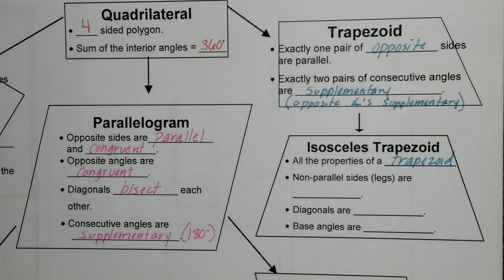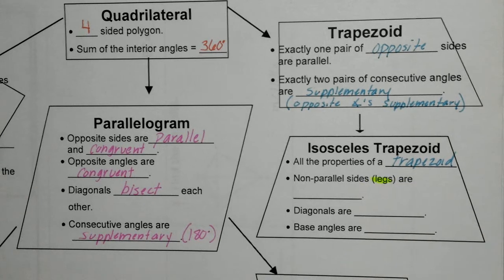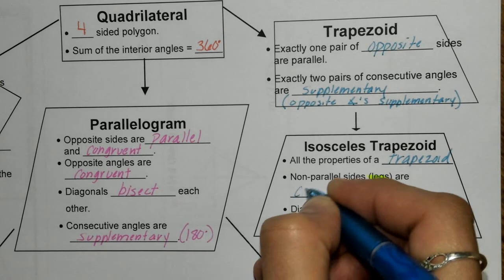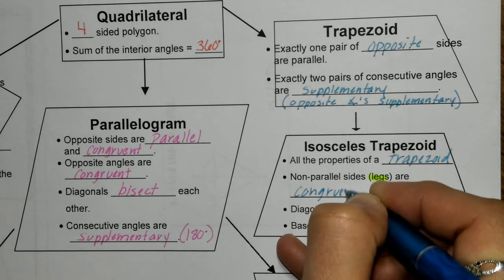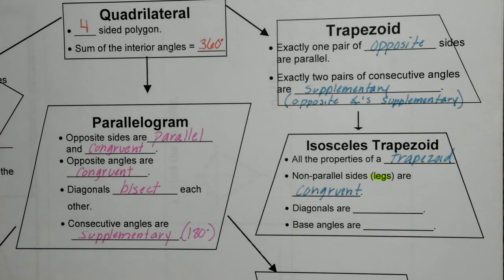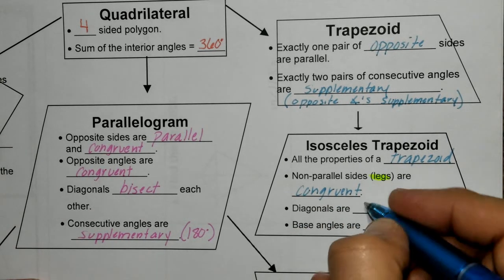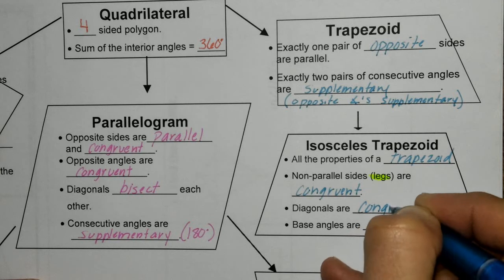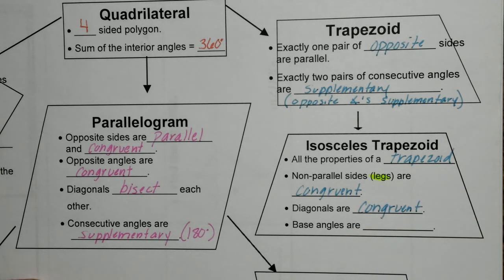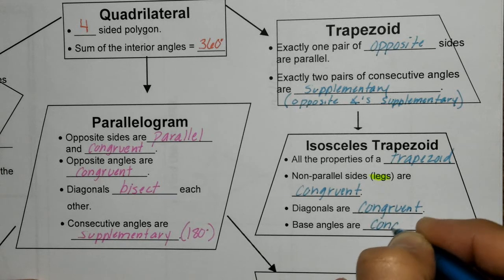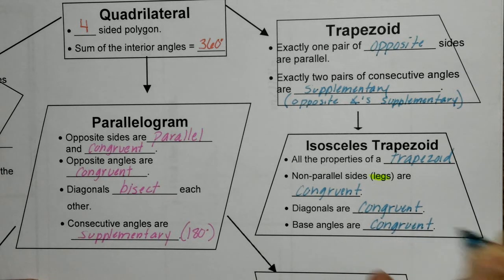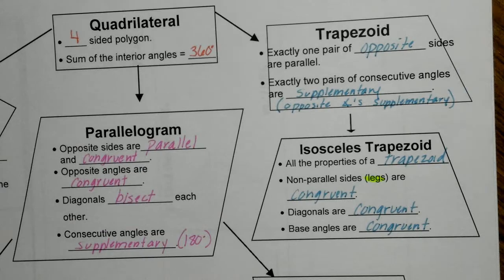In addition to that, your non-parallel sides, which are the legs, are going to be congruent. The diagonals are congruent. And your base angles are congruent. A lot of congruent stuff with this isosceles trapezoid.